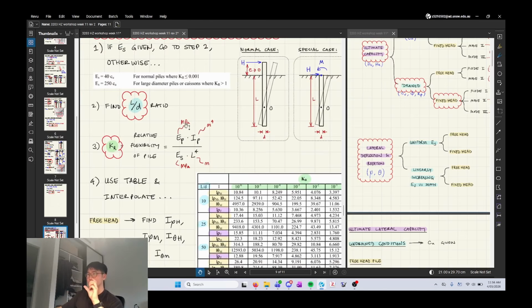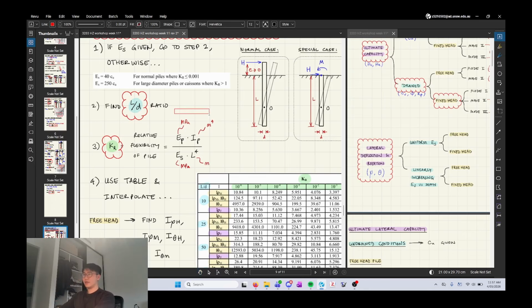So basically you're given in the question the elastic modulus of the pile, in other words, how stiff the concrete is. You're also given the moment of inertia of the pile, and then you're dividing that by the elastic modulus of the soil, and then multiplying it by the length to the power of 4.